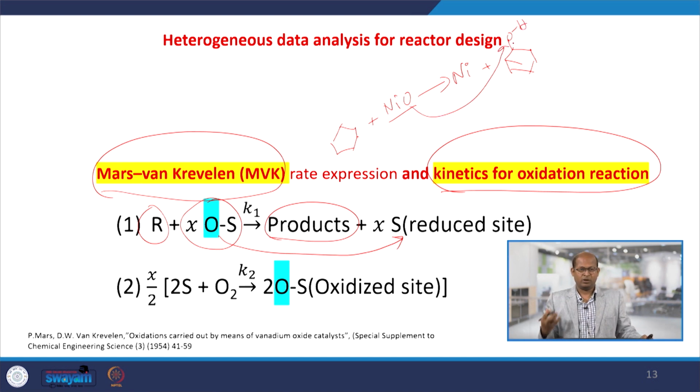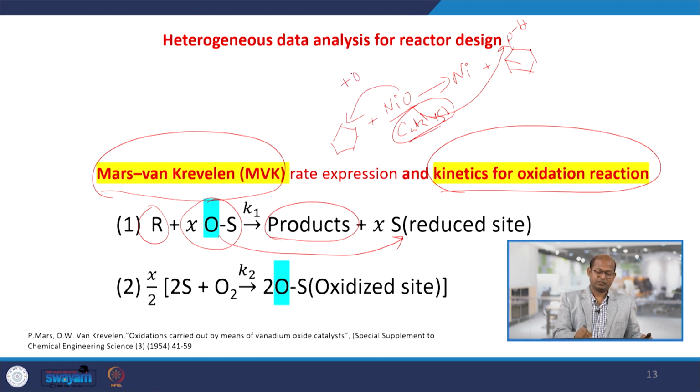So, the metal oxide, the catalyst, supplies lattice oxygen to the reactant. In this particular reaction molecular oxygen can also be used, but that molecular oxygen does not directly take part in the reaction. Here the lattice oxygen of the catalyst takes part in the formation of the product, and this is step 1.